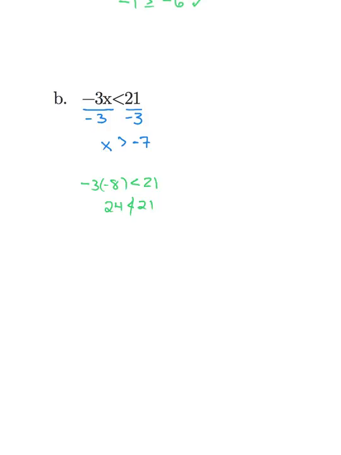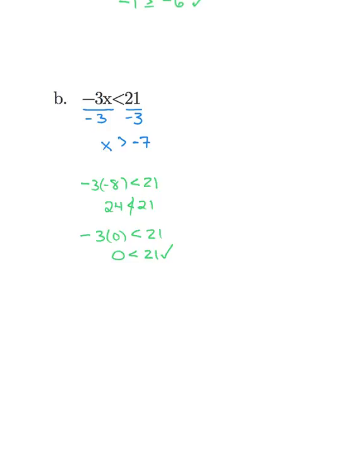If you pick a number greater than -7, again, 0 is perfectly fine. 0 is greater than -7. If we plug it in, we get -3 times 0, and I want to know, is that less than 21? Well, anything times 0 is 0, and is 0 less than 21? Yes, it is. So our inequality should be good here.